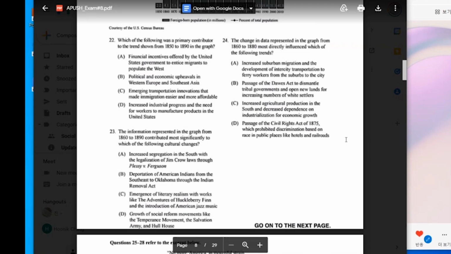So the expansion of westward migration led to increasing conflicts between native tribes and settlers, which included immigrants, right? These conflicts were often very violent. And that's why the Dawes Act dismantled the tribal governments and forced tribal peoples off their land, and in doing so, it also freed up more land for white settlers. So that's why B is the answer, okay?